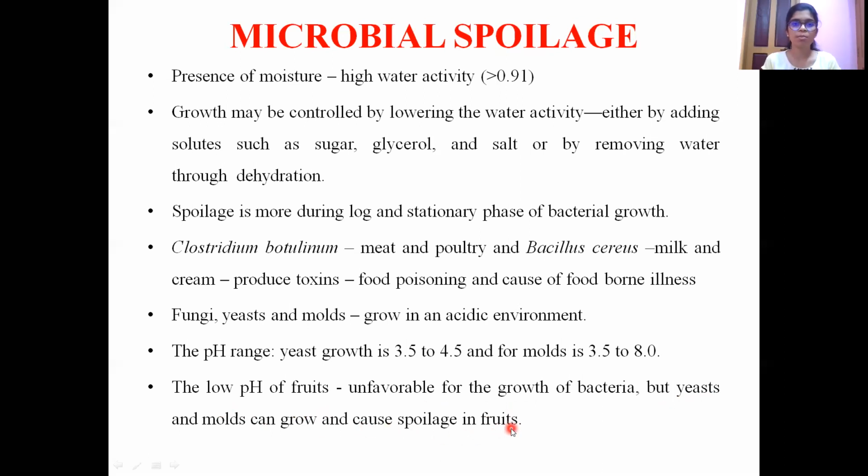If you remember, we saw discoloration in the spoilage signs, and in that we saw the blue and green mold formation on citrus fruits. That is the reason it is mentioned here that low pH is generally not favorable for bacterial growth, but it is favorable for the growth of yeast and molds.